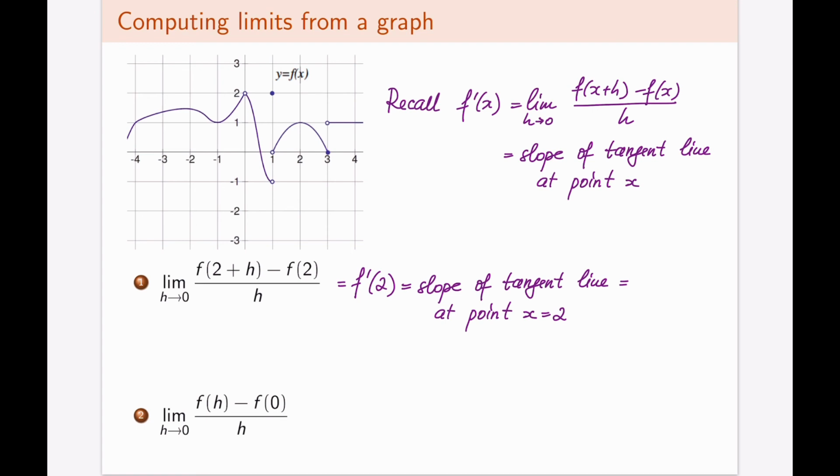So I need to construct myself a tangent line at x equals 2 and then figure out what the slope is. So at x equals 2, I'm at this point right here. I can see that my tangent line is going to look like this, and the slope of a horizontal line is equal to 0. Excellent, which means that the answer to this question is 0. That's it.